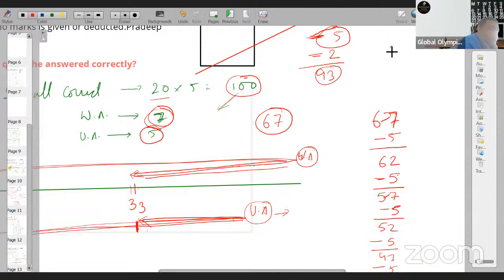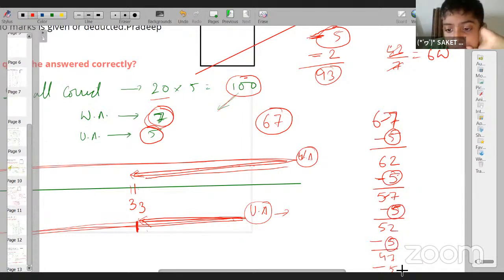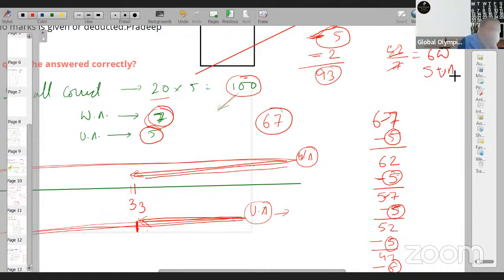So 42 divided by 7 gives 6 wrong. And how many 5s did we come down by? 1, 2, 3, 4, and 5. So there are 5 unattempted questions. If you look at it, 42 plus 25, which is 5 times 5, gives you 67.